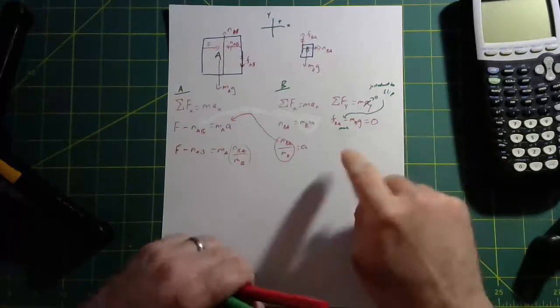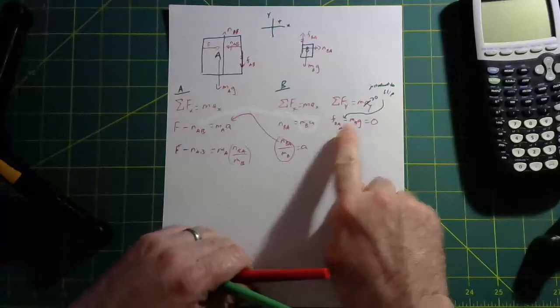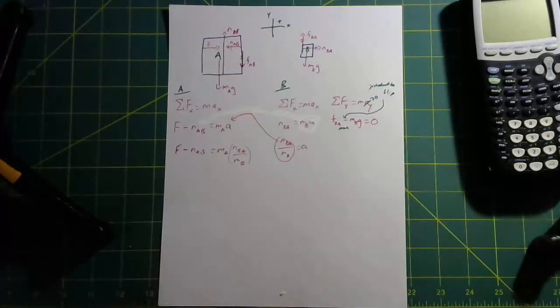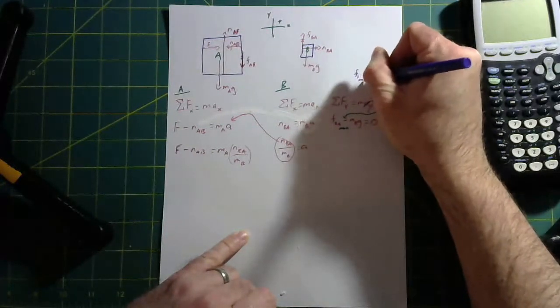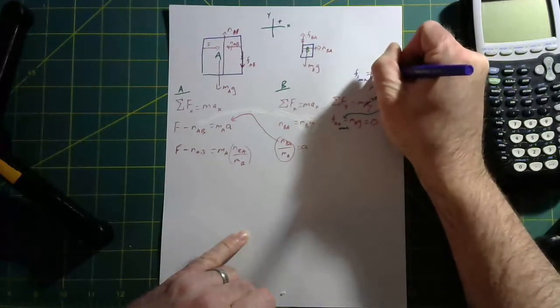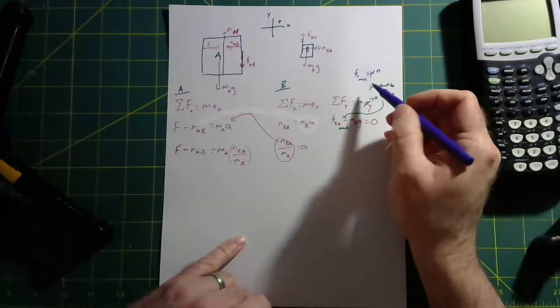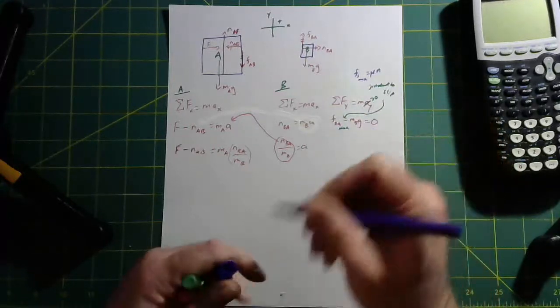Now, I could move this MBG to the other side if I wanted to, but first let me substitute in, because I'm at the max value, you'll remember that static friction, when it's at its max, is equal to mu N, just for the maximum static. Okay, and so I can substitute mu N in there.